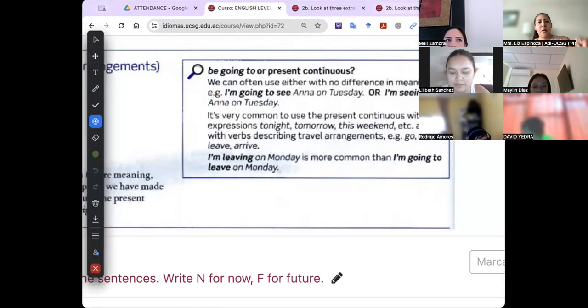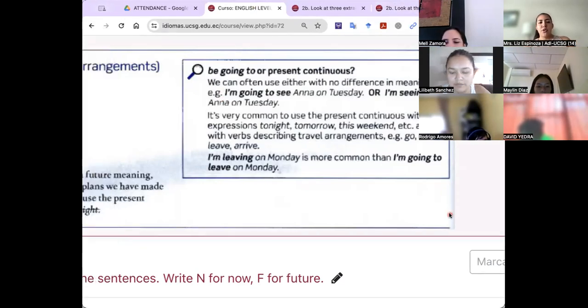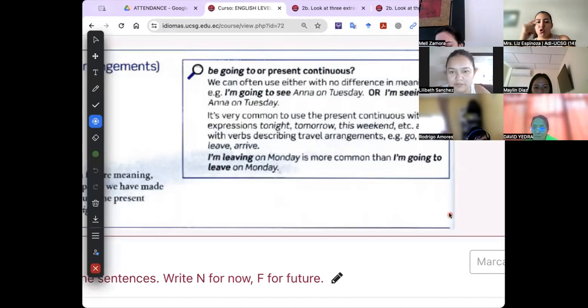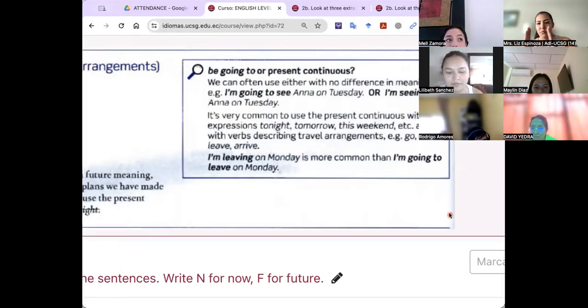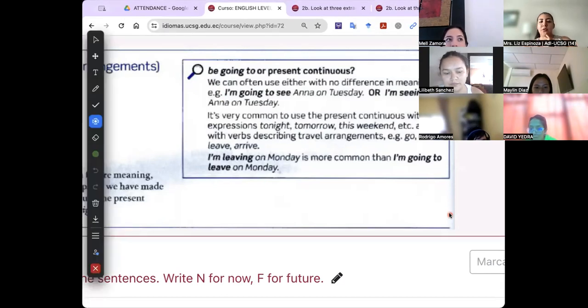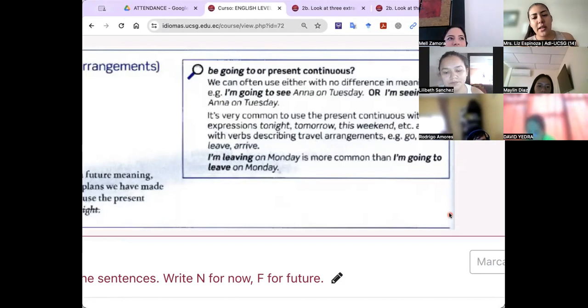Sometimes. But now it says, it's very common to use present continuous with expressions like tonight. Pay attention. Tonight, tomorrow, this weekend, very close future, not a long future, right? And with verbs describing travel arrangements, for example go, come, arrive, right?